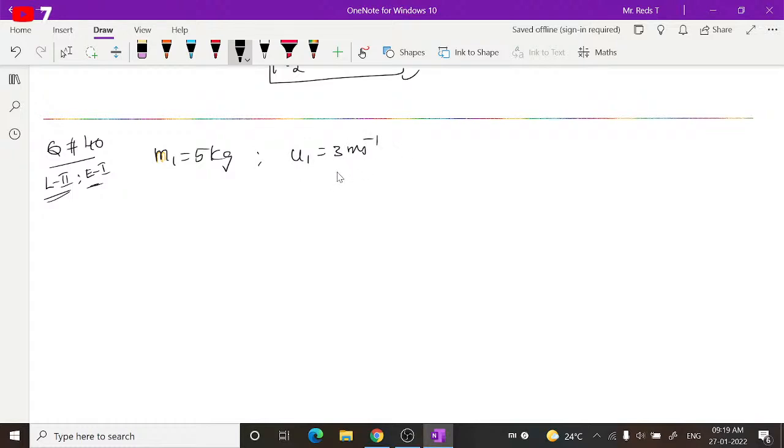It collides head on with a body of mass m2, which is equal to 3 kg, moving with a speed of 2 meters per second in the opposite direction, so you have to take it as minus 2 meters per second. The negative sign tells about the opposite direction. The first body stops after collision, that means the final velocity of the first body is 0. Then the final velocity of the second body, v2, is equal to what?